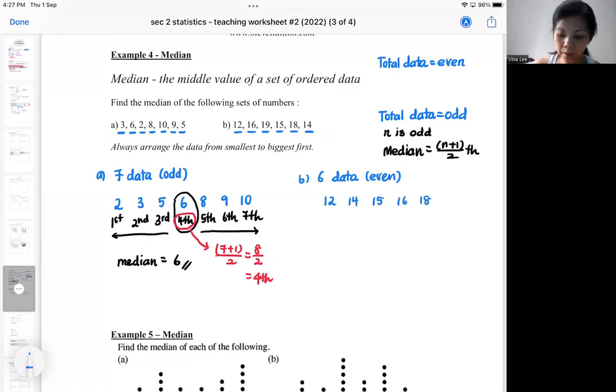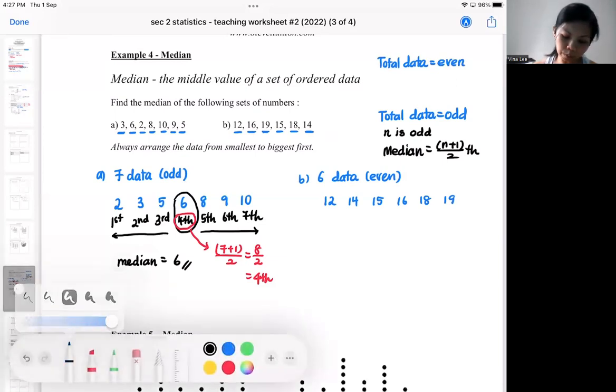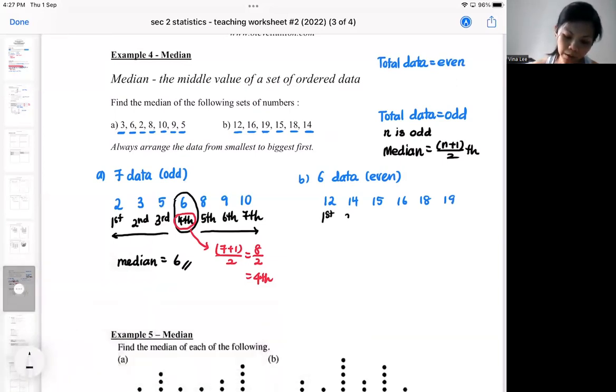In this case, you will take the average of the middle 2: first data, second data, third data, fourth data, fifth data, and the sixth data. If there's nobody standing in the middle, you will take the average.